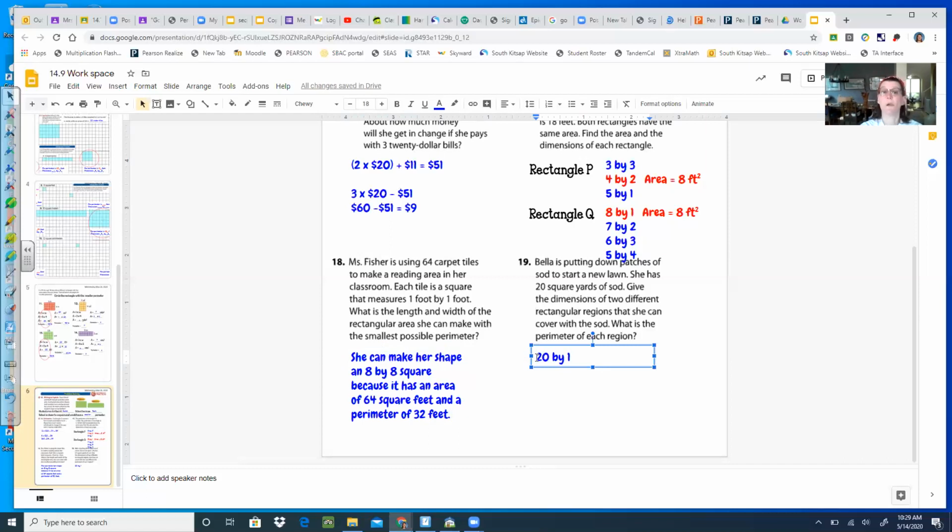Okay. Now I need to do the perimeter. So 20 plus 1 is 21. 20 plus 1 is 21. 21 plus 21 is 42 feet. Okay, now, is there anything that we can do that's a square?